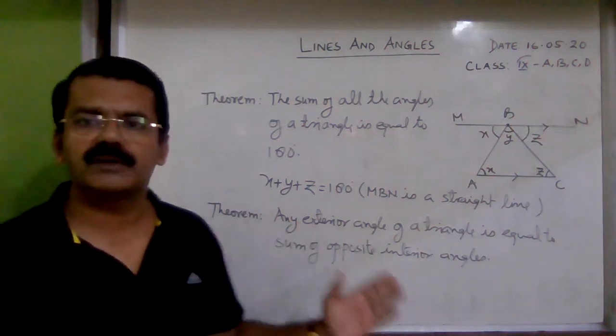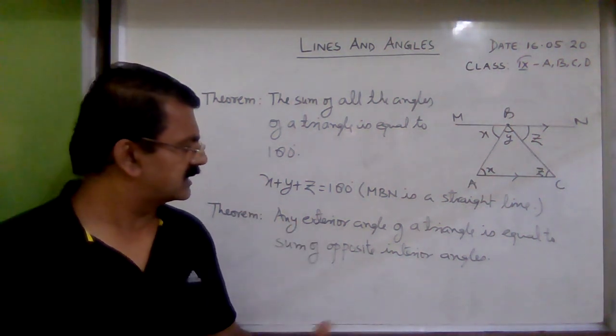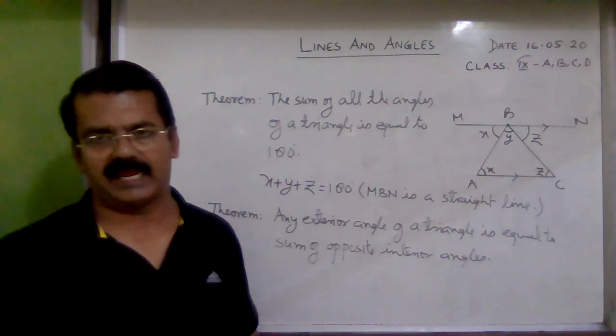Any exterior angle of a triangle is equal to the sum of opposite interior angles.